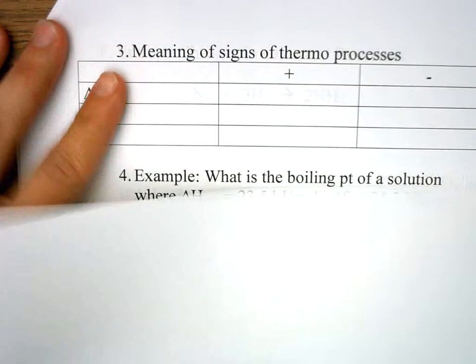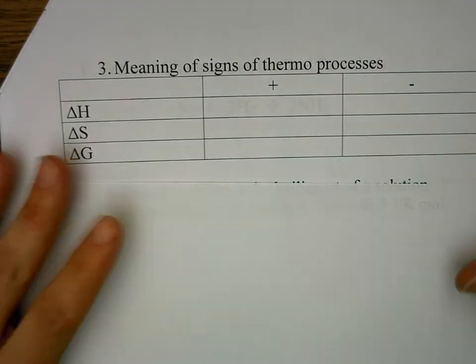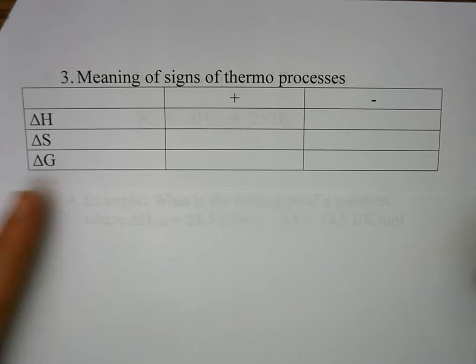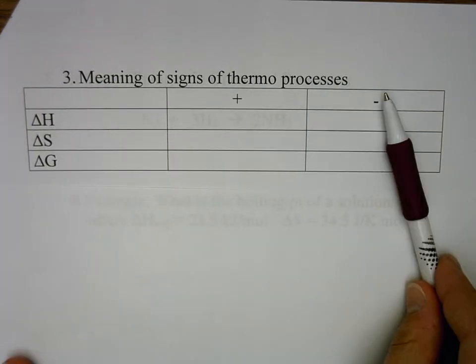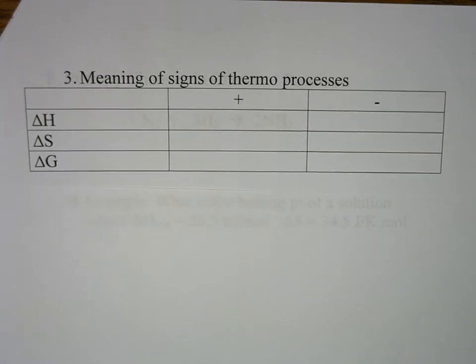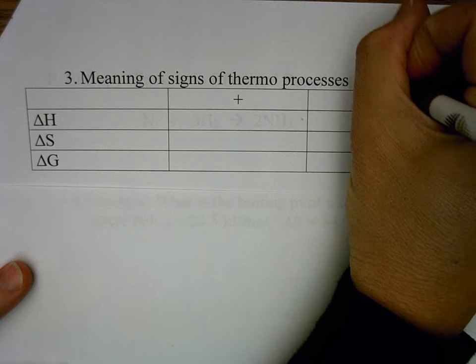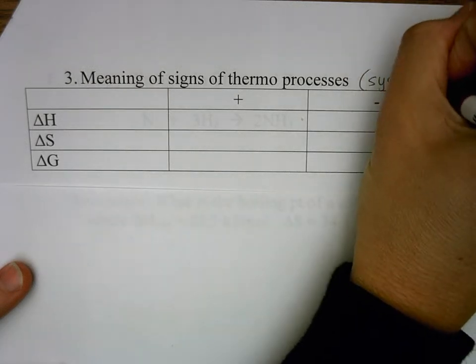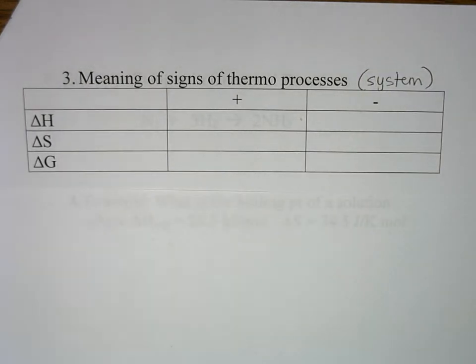As far as this chart, you don't have to make it a big fancy chart, but somehow set it up so that we can list out what positive and negative means for each one of those three things. And these positives and negatives are relative to the system, not the surroundings, so that's important to pay attention to also.